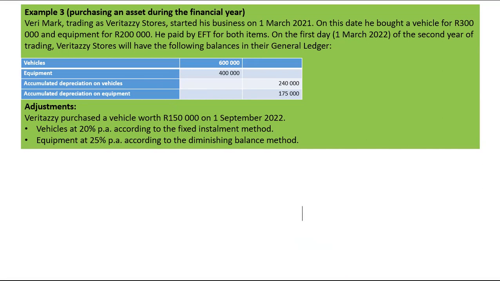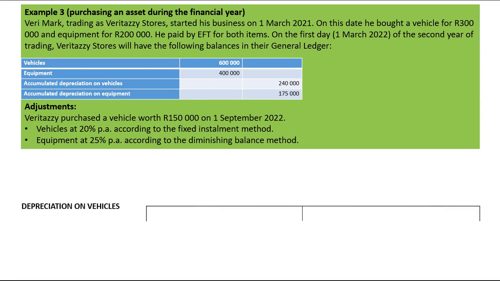Let us do the vehicle that we purchased during the year, which we purchased on the 1st of September 2022. We cannot depreciate that 150,000 worth of vehicle for the entire year, whilst we've only used it for the last part of the financial year, which is from the 1st of September 2022 to the 28th of February 2023.